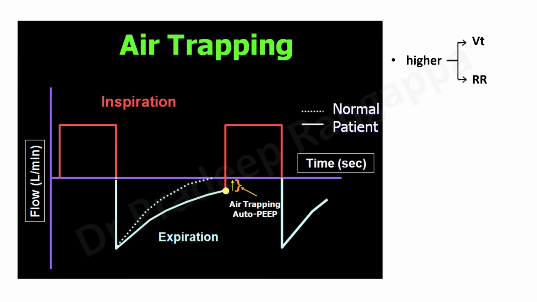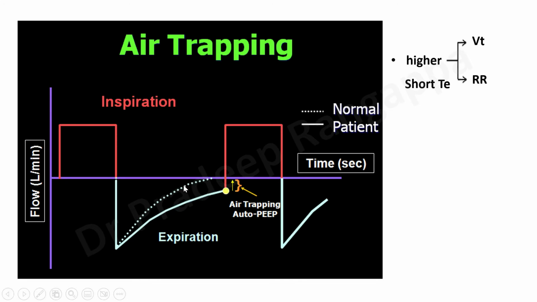So why does this auto PEEP happen? Some of the reasons are higher tidal volume and higher respiratory rate, and most importantly, shorter expiratory time or higher inspiratory time. These are some of the reasons why auto PEEP sets in, because it is intuitive for you to understand you need a longer expiratory time for this to touch the baseline.